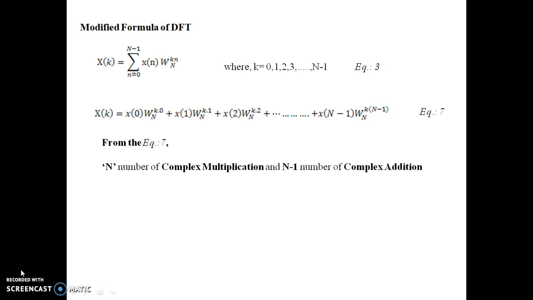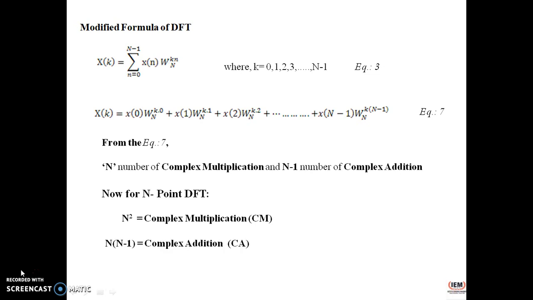So for an N-point DFT, N square complex multiplications, that is Cm, are present, and also N into N minus 1 complex additions, that is Ca, are present.